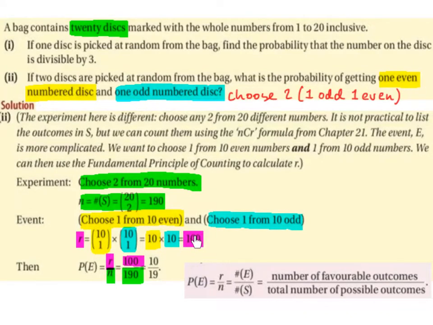So r is 100. Then the probability of E happening is r divided by n, which is 100 over 190, which simplifies to 10 over 19. So the r, again, is the number of favourable outcomes, or basically what we want, and the n is the total number of possible outcomes.